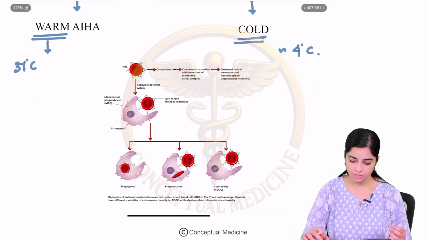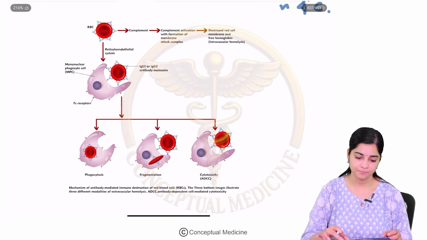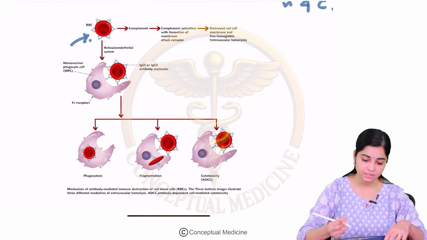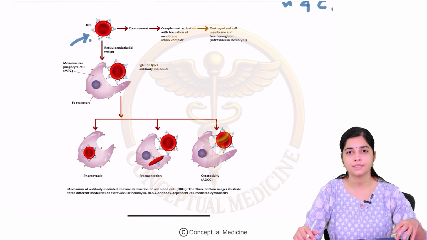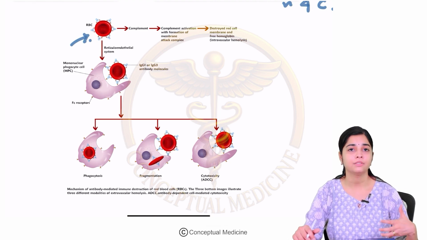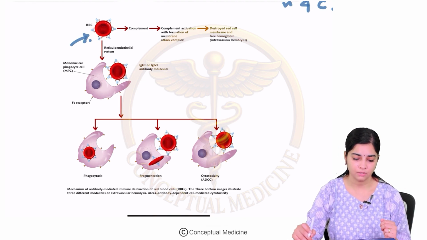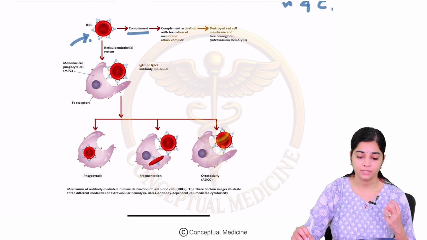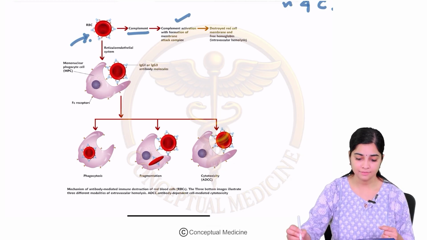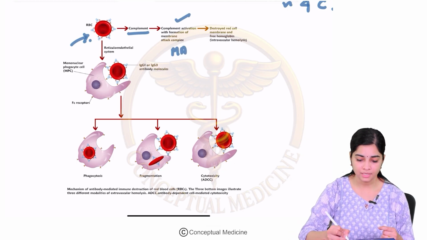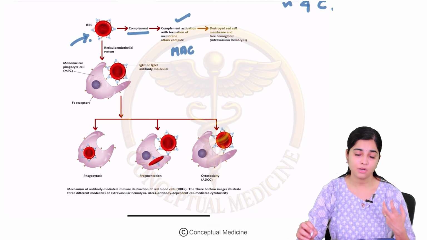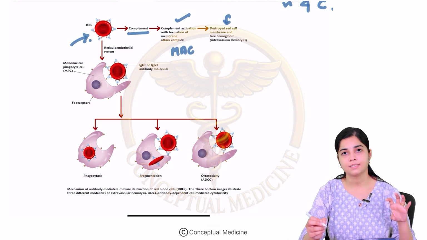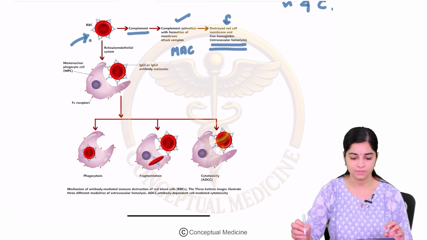Let us understand the pathophysiology of AIHA. In autoimmune hemolytic anemia, as depicted here, antibodies are produced against the RBC. So there are anti-erythrocyte antibodies. This causes stimulation of the complement system, with complement activation and formation of the membrane attack complex. This complement activation can result in destruction of the RBCs, resulting in intravascular hemolysis.